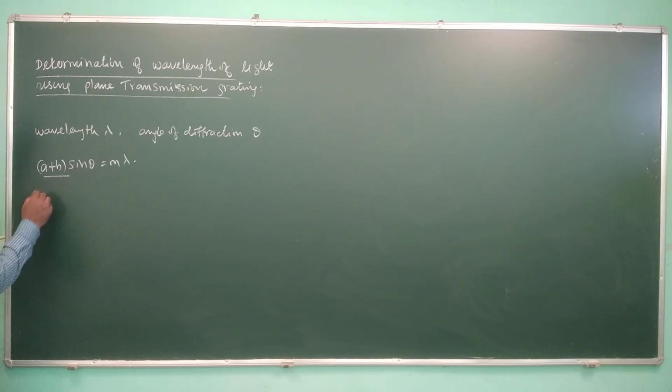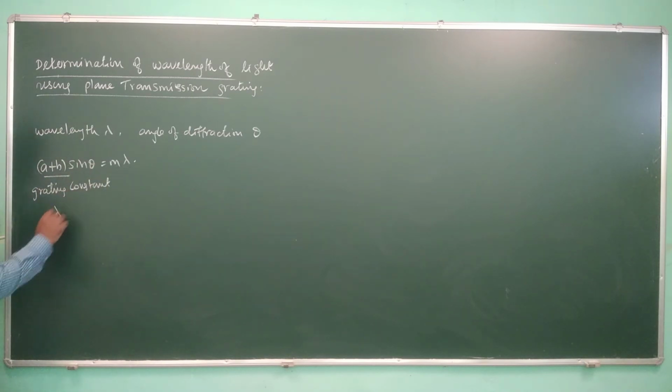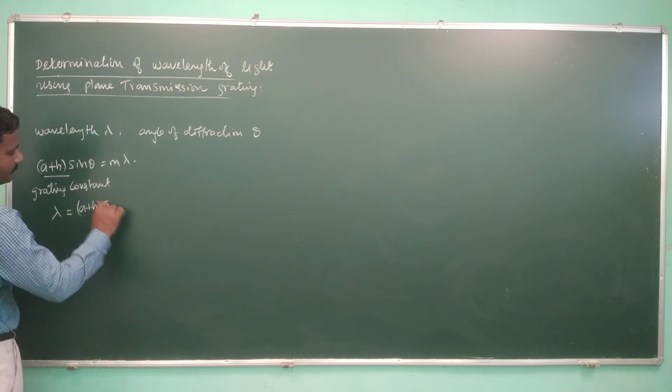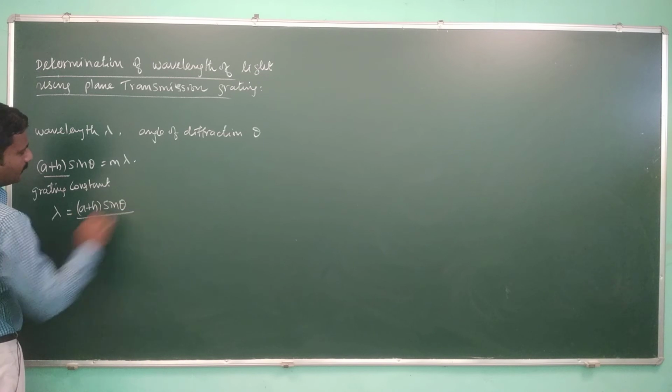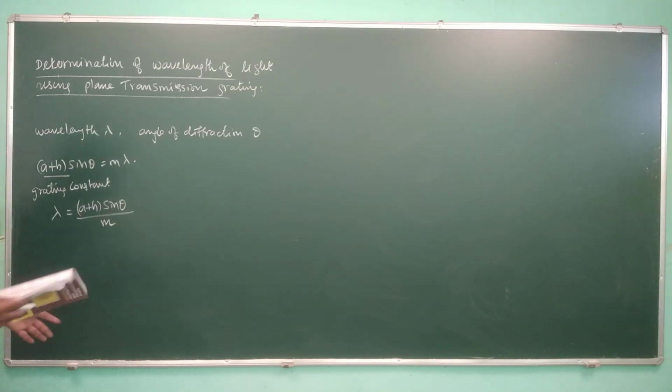Here a plus b is the grating constant. If the grating constant is known, then lambda can be calculated using the formula (a plus b) sin theta by m, by doing a simple experiment using a grating and spectrometer.